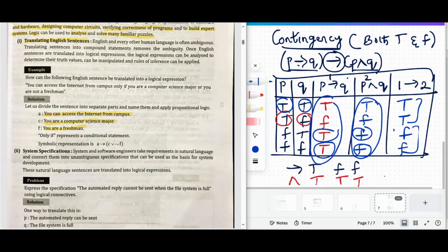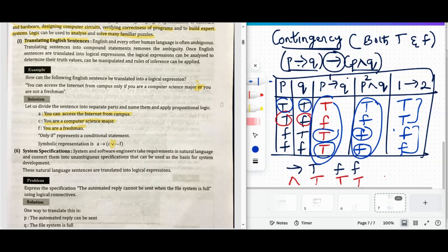C is: you are a computer science major, then or negation of F, you should write negation of F is: you are not a freshman. So this statement will be written in the form of symbols: A implies C or negation F.